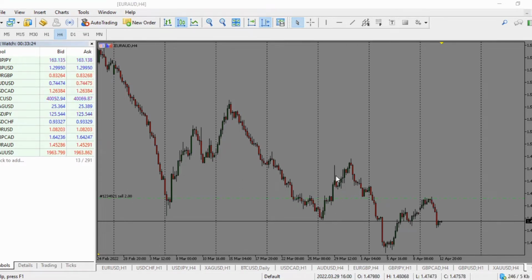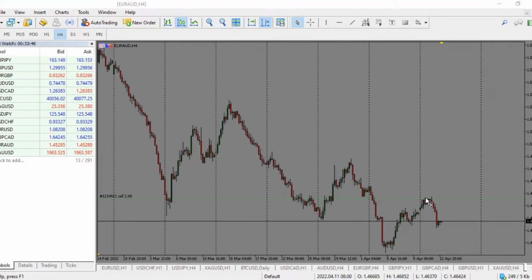The first thing we look at is the structure. You will see the price making lower lows. This is the last lower low. Then the price went higher, making the first higher high, came down a little bit, and made another higher high this week on Monday.